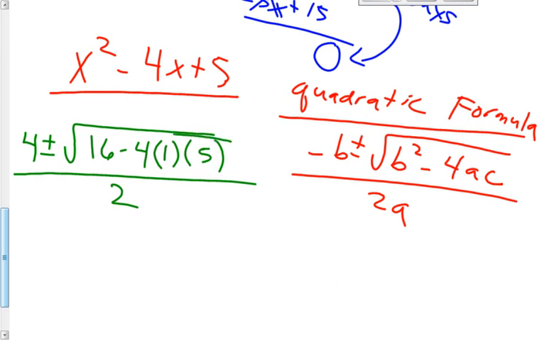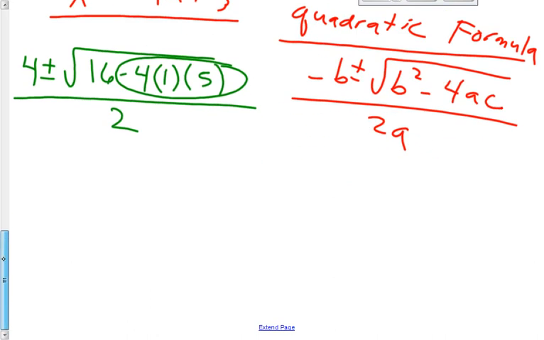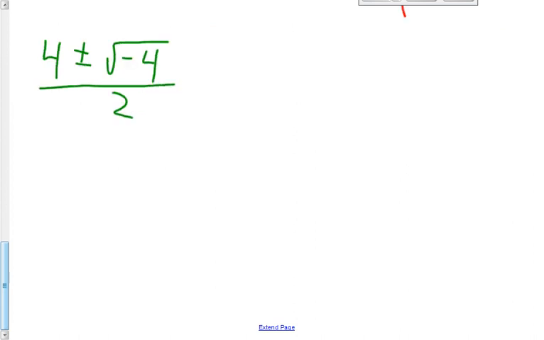Simplifying this, we get a negative 20. So a negative 16 minus 20 is a negative 4. So 4 plus or minus the square root of a negative 4 all over 2. Continuing to simplify, this becomes 2i. So 4 plus or minus 2i divided by 2.